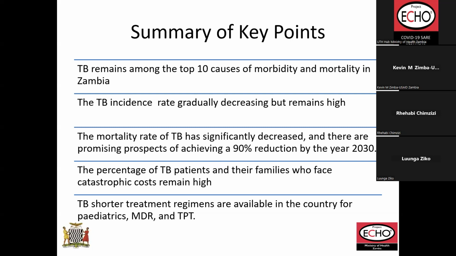So we'd like to urge you, members, and this is one of the priority areas we have as a TB program. We want to find more children that need to receive TB prophylaxis through TB preventive therapy, and more children that need to be diagnosed with TB, for us to get the 12%. So let's find more children as contacts. I think every household in Zambia has a child that lives with them. So we need to be quite stringent about that.